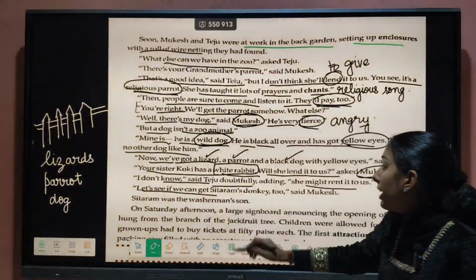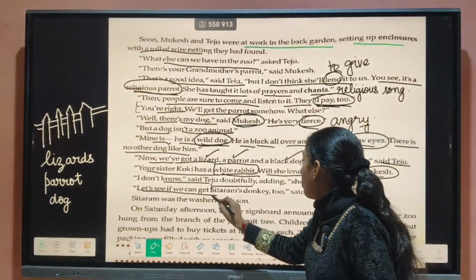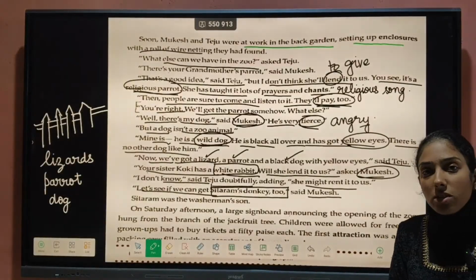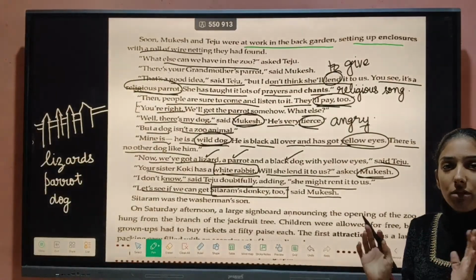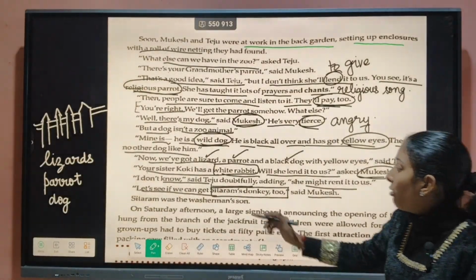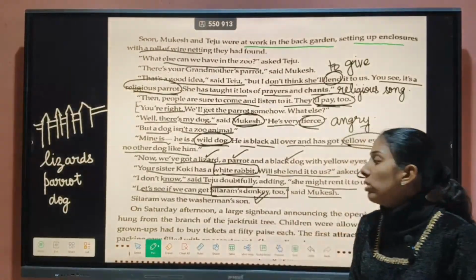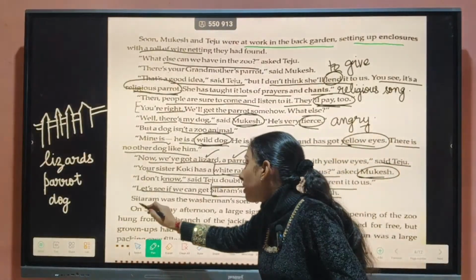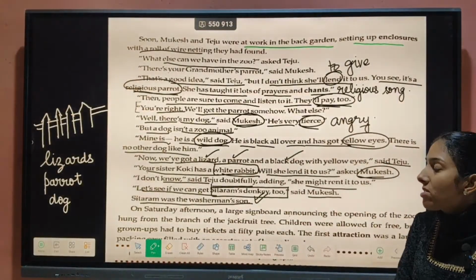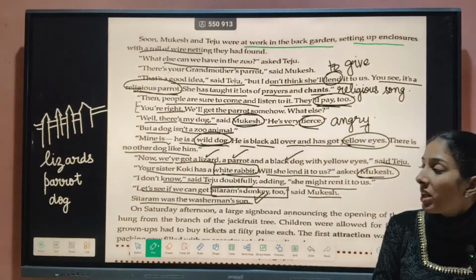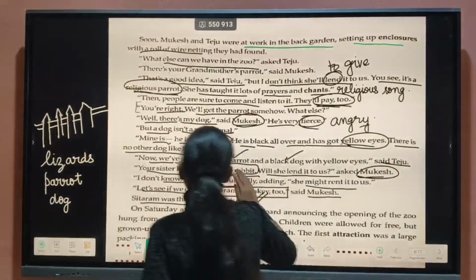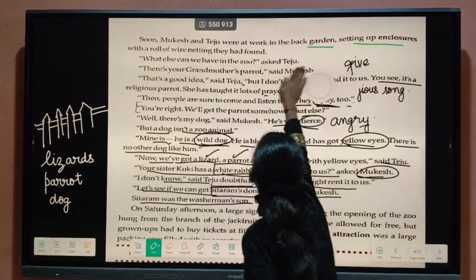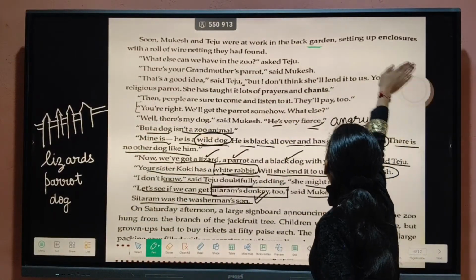Let's see if we can get Sita Raman's donkey too, said Mukesh. Now Mukesh is saying that okay fine, we'll give her some amount. We have to bring one donkey also. Whose donkey? Sita Ram's donkey. Sita Ram was the washerman's son. Who was Sita Ram? Washerman's son. Now they are saying that we shall bring donkey of Sita Ram. Okay.